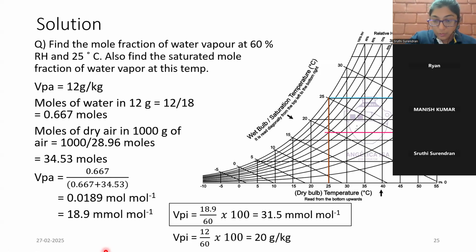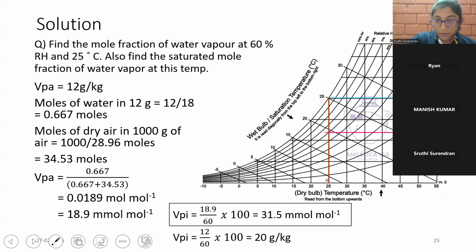Corresponding to this, the temperature that I have given here is 25 degrees Celsius and the relative humidity is 60%. So these curved lines are the ones that are depicting the relative humidity. Horizontal lines are the ones that are depicting the vapor pressure or the absolute humidity, and the axis at the bottom, the x-axis, is what is giving us the temperature.